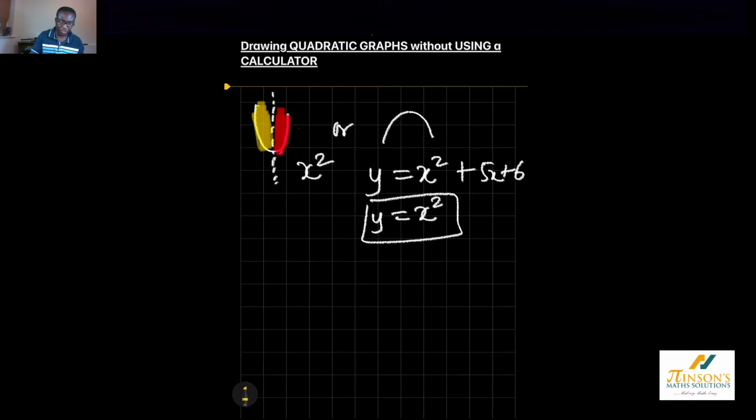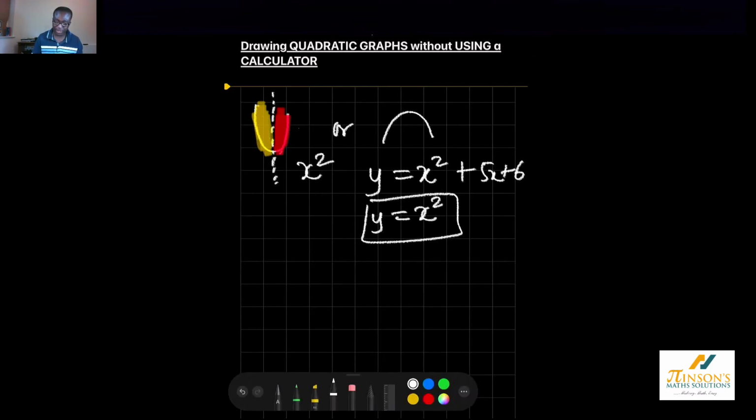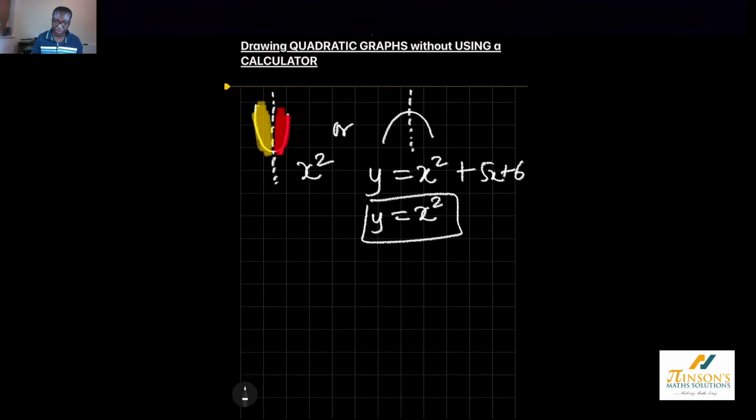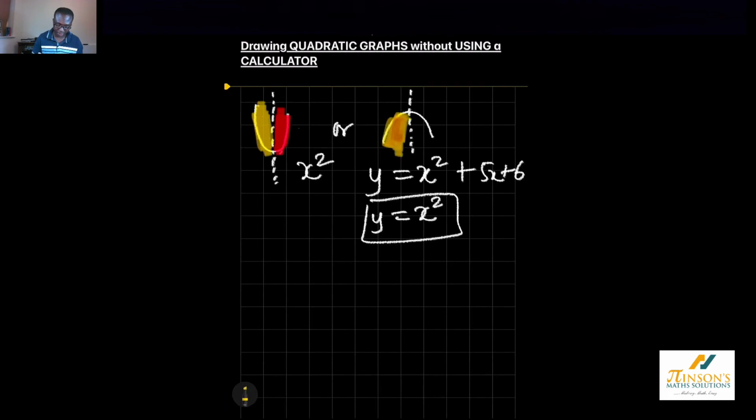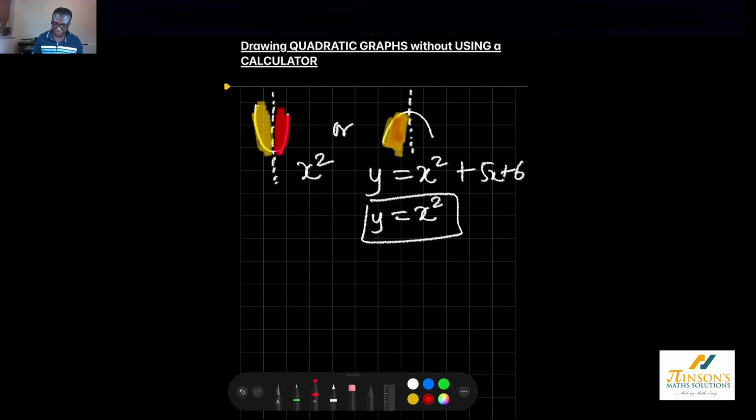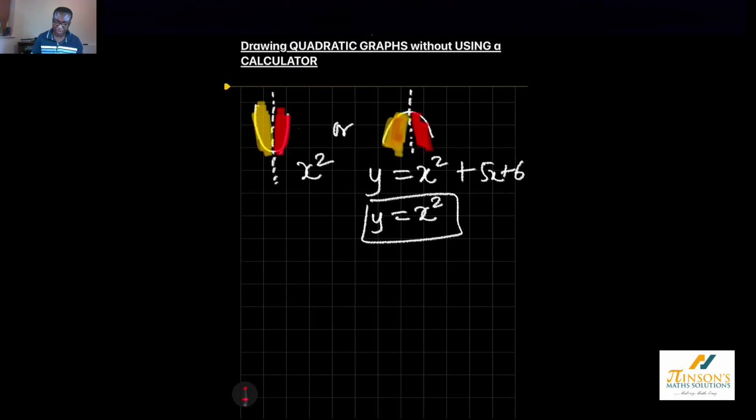This idea should hopefully help us to understand when we're doing our calculations. It's the same thing if the curve is sad, again it will be symmetrical. Again, we will notice that what is on that side is going to be the same as what is on the other side. So that again should help us to do our calculations.